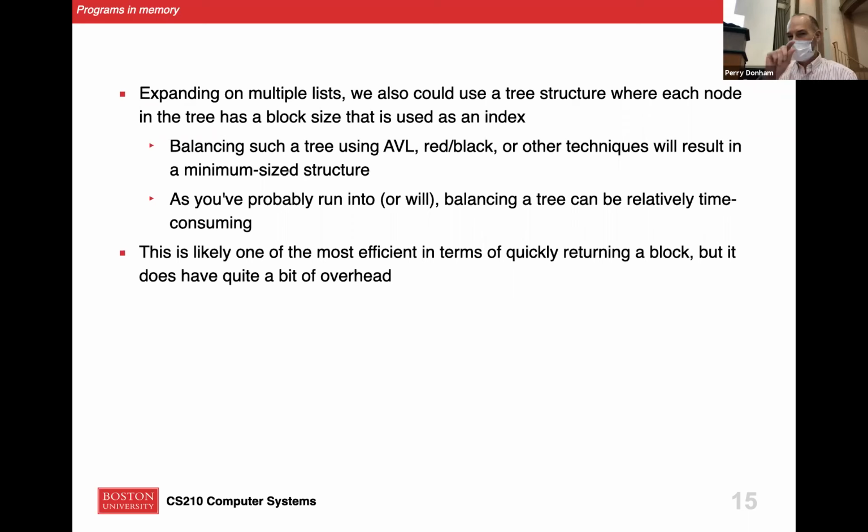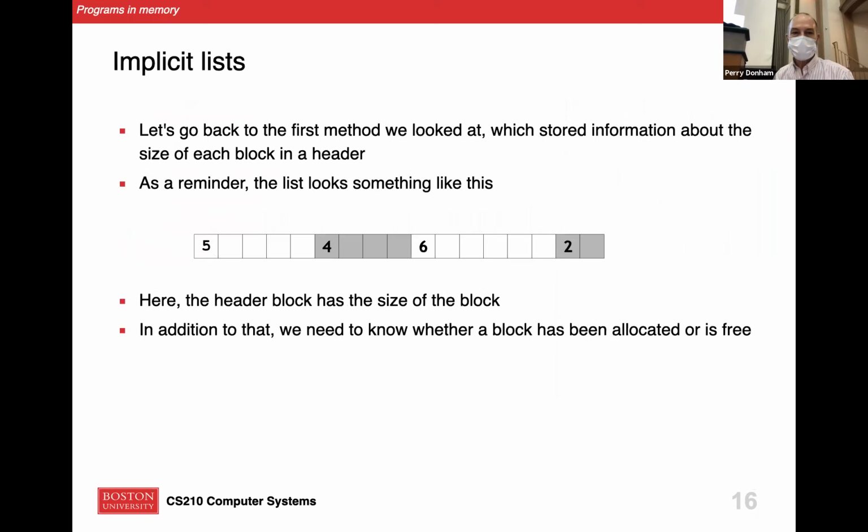Let's go back to that array view of memory and see how we can manage memory that way and embed information about the heap inside the heap itself. So we had a header, right? That header information told us the total size of the allocation.